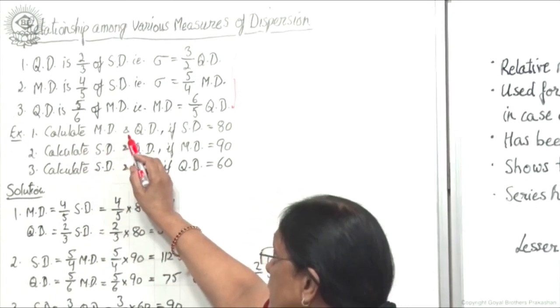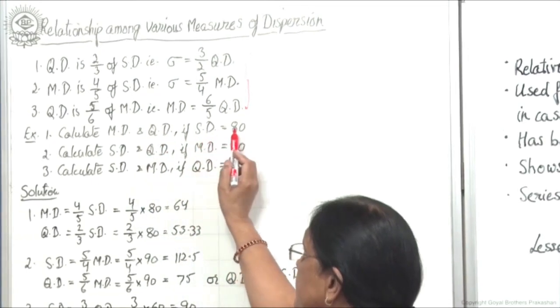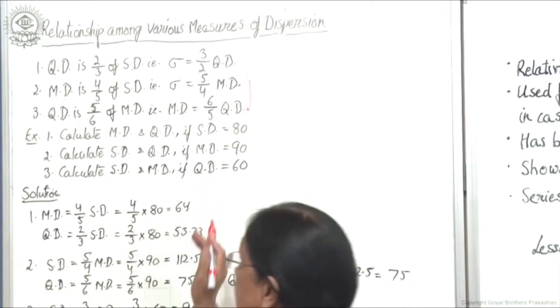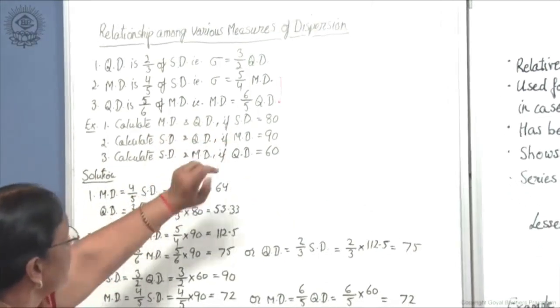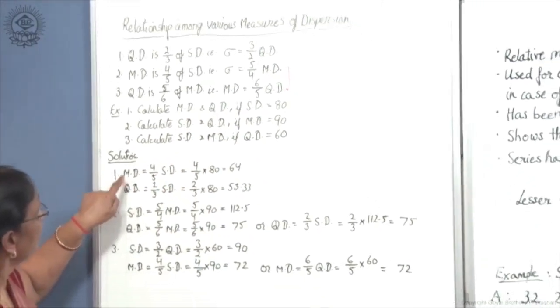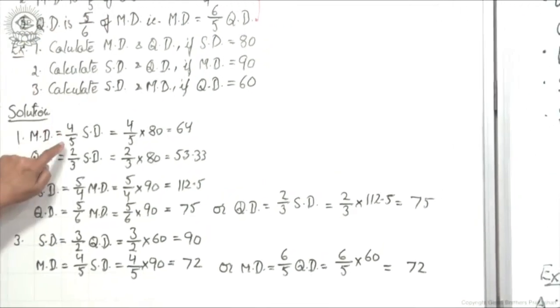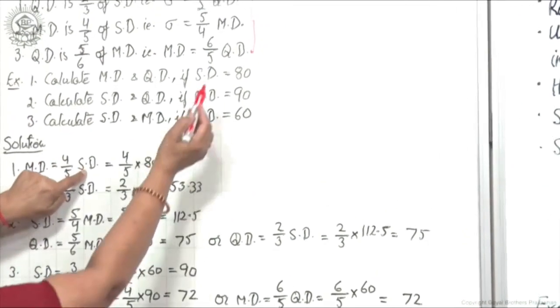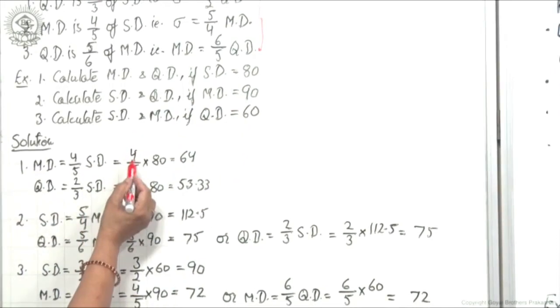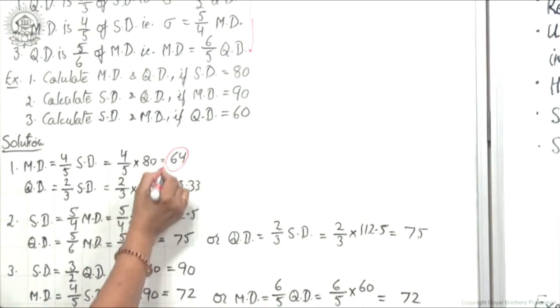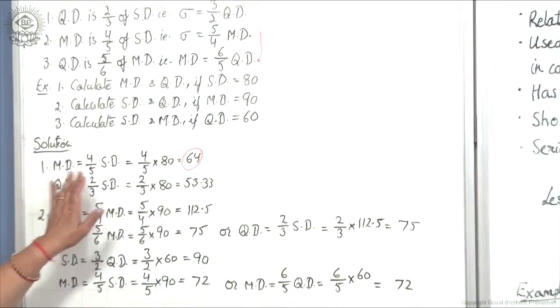Calculate MD and QD if SD is 80. Now this is the first example. Here, MD is 4 upon 5 of SD, right? And SD is 80 over here, so it is 4 upon 5 into 80, and this is MD.